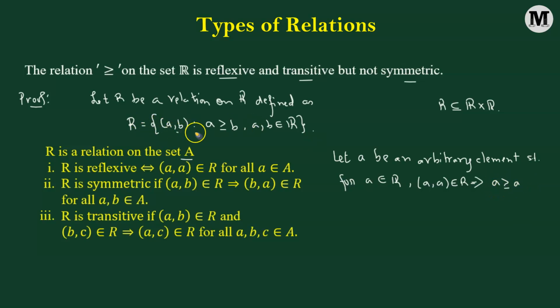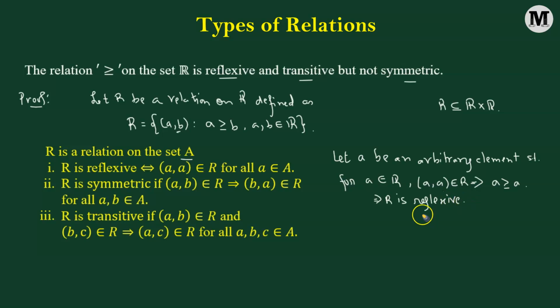According to the definition, all we have done here is replace b with a. But we now have to check whether this is a true statement or not. Yes, a is greater than or equals to a. This is a true statement, which implies that R is reflexive. So R is a reflexive relation.